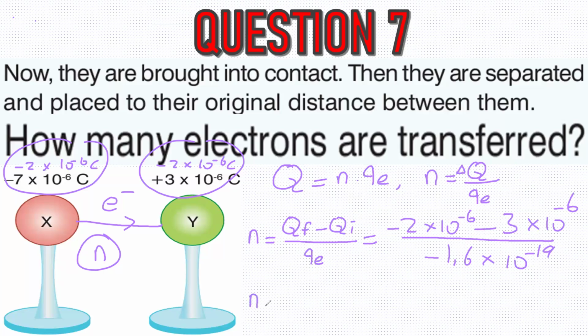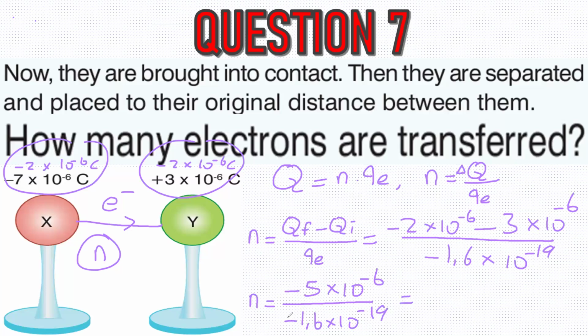So N equals negative 5 times 10 to the power of negative 6 over negative 1.6 times 10 to the power of minus 19. Please remember, if you get positive on top, whether you put X or Y, this Qe changes to positive.